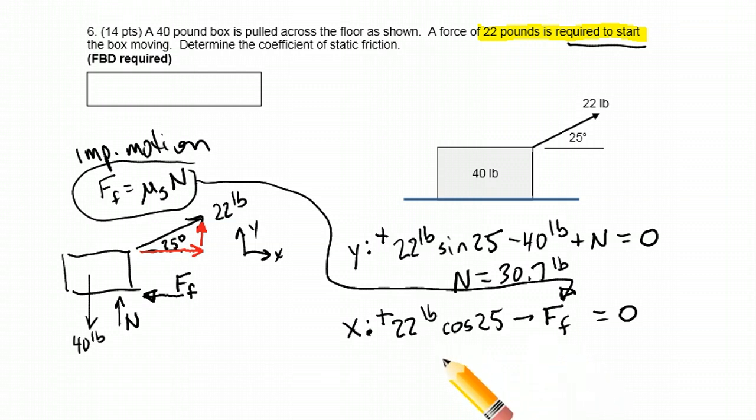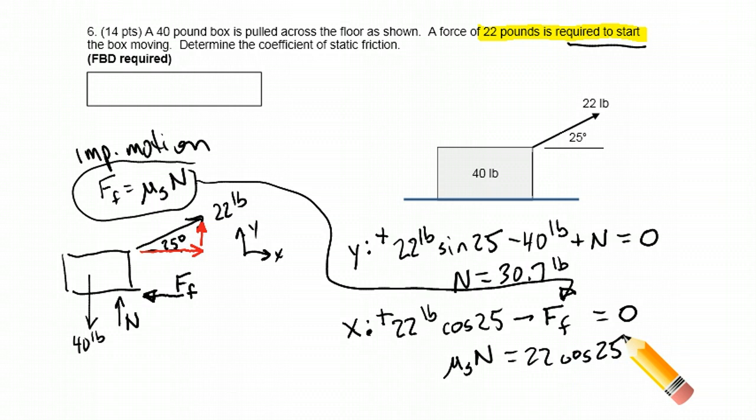Alright, so let's rewrite this. We'll have mu sub s times N, moving that over to the other side, is equal to 22 cosine 25. So mu sub s equals 22 cosine 25 over 30.7. Putting off the calculator to the end here.